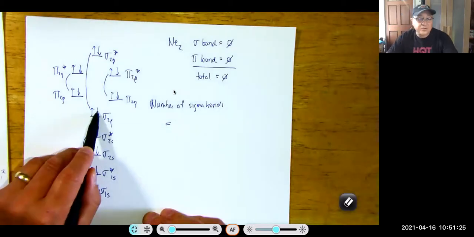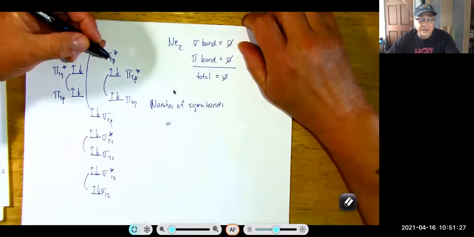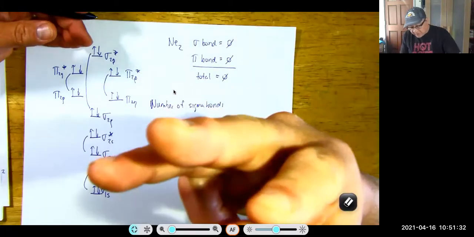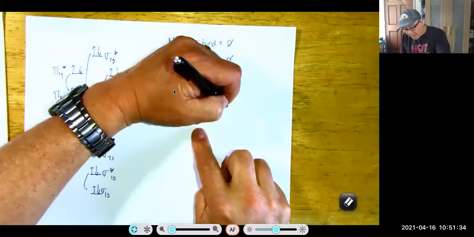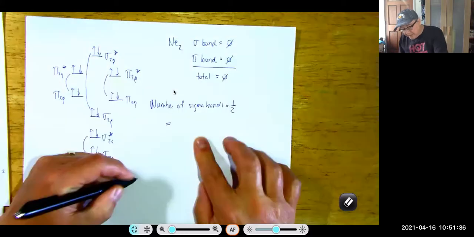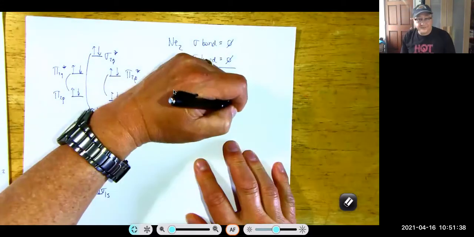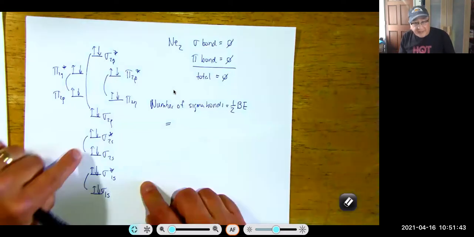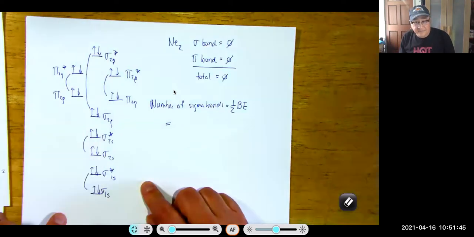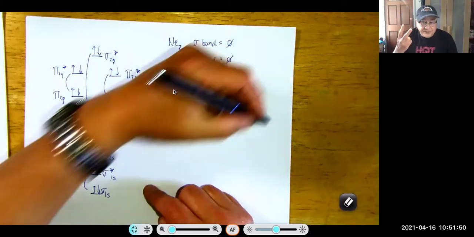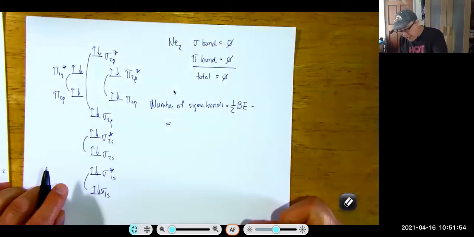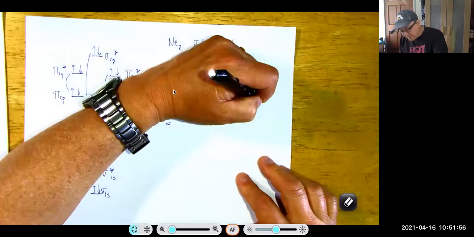If you have 6 electrons in the sigma orbitals, that would equal 3 bonds. So the number of sigma bonds here would be 1/2 of the bonding electrons. But then the anti-bondings cancel, right? So 2 electrons cancels 1 bond. So you'd have 1/2 of the anti-bonding electrons.